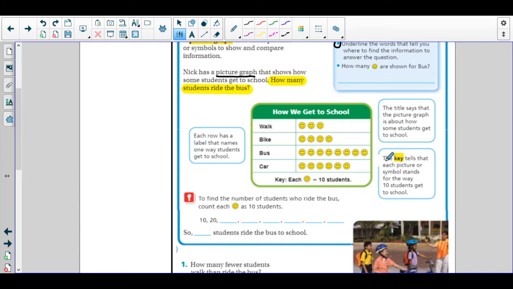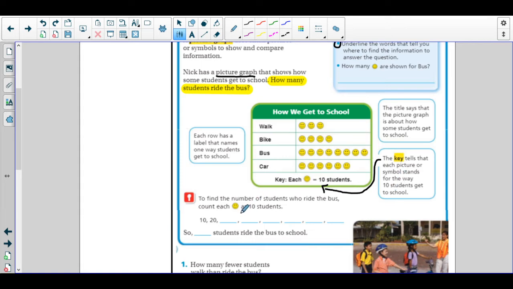And then here's the really important part, and that is the key. The key tells us how much each smiley face is worth. All right. So in this situation, each picture or symbol stands for 10 students.